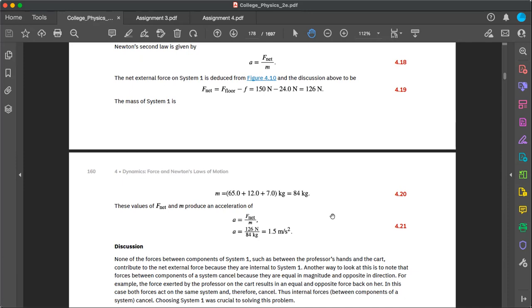So you basically have to use 3.6. This is meters per second.